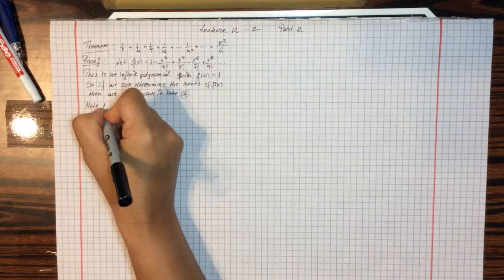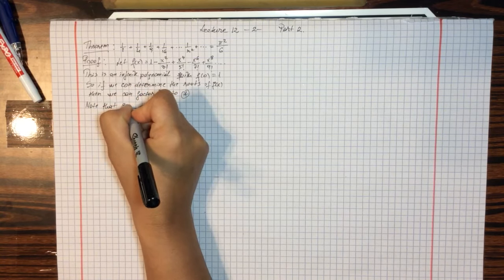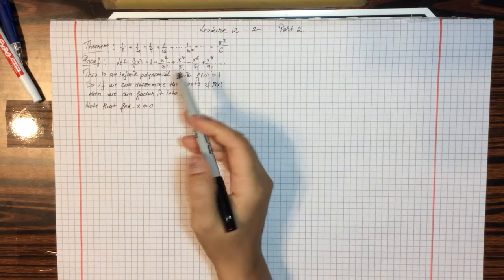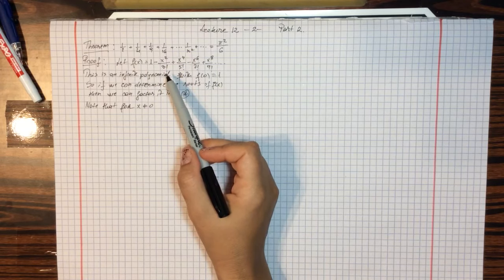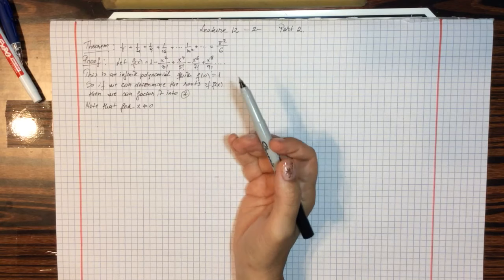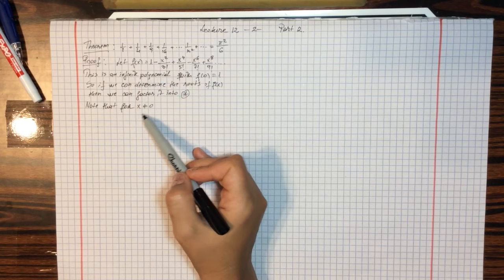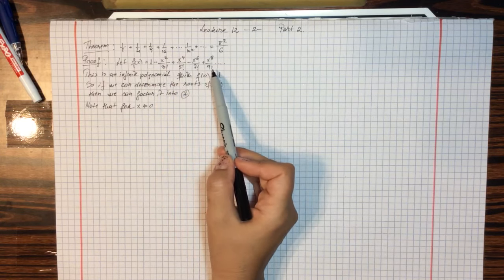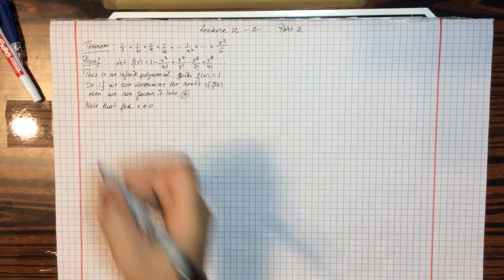Note that for x not being 0, I can multiply and divide the terms of this polynomial by the same quantity, and let me call that x. So for some x not 0, I can multiply and divide every term here by x. So let's see what I get.